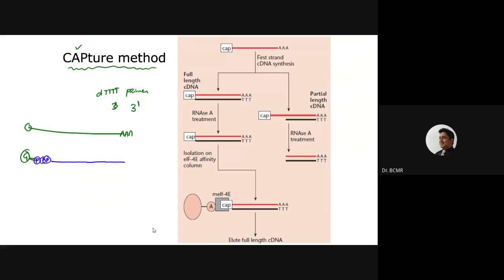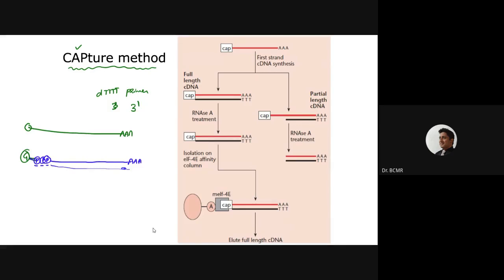So the G is coupled, then you have three phosphates, and then you have the mRNA starting sequence. So I hope you understand that it is not vulnerable to degradation directly.